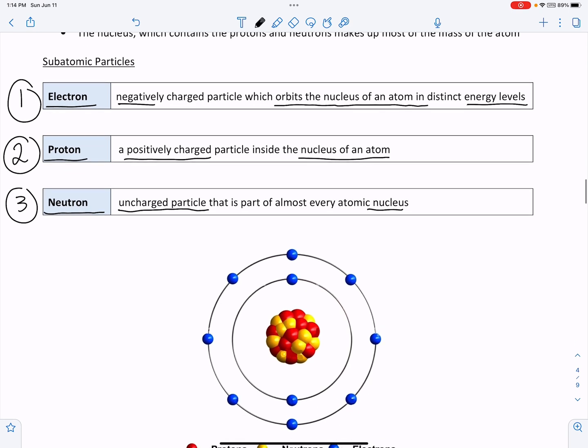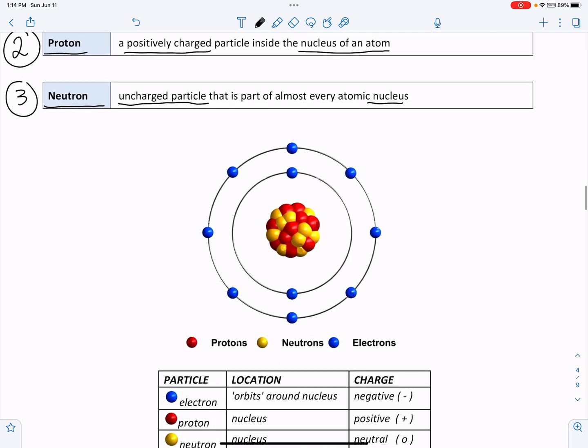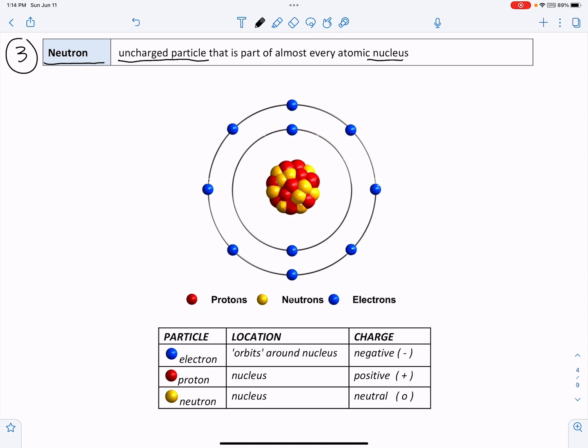So here's a model that explains everything we've learned thus far. We have 3 subatomic particles: protons, neutrons, and electrons. These electrons are found in orbitals or energy levels around the nucleus. Inside the nucleus, we see protons, the red particles, and neutrons, the yellow particles.